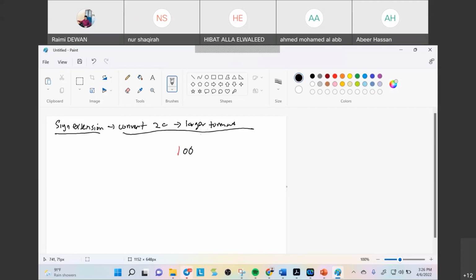I think I need to highlight this so that you guys can see. Let's say we have 1001 1100. How many bits is this in two's complement?